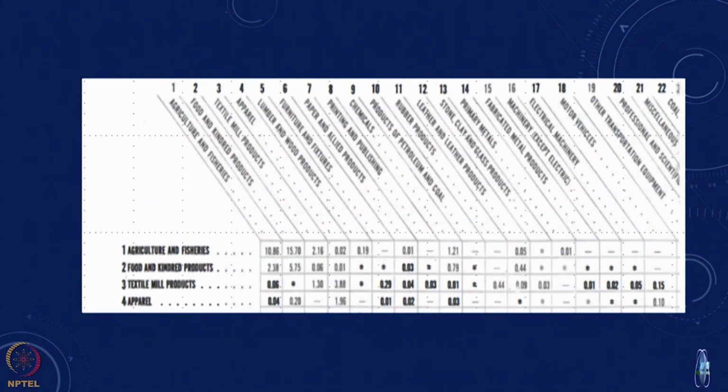In more detail, you can see each of these sectors, and from the sector to the other sector, this is the transaction matrix. From agriculture to agriculture and fisheries, some of the products are used internally. For instance, if we look at the electricity sector and the electricity used within the electricity sector, that would be like the auxiliary consumption of the power plants.